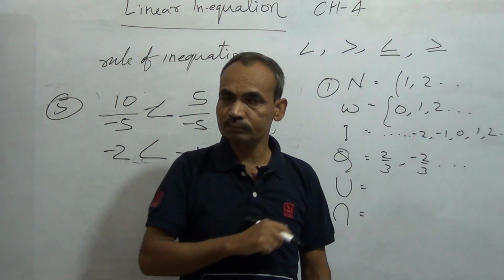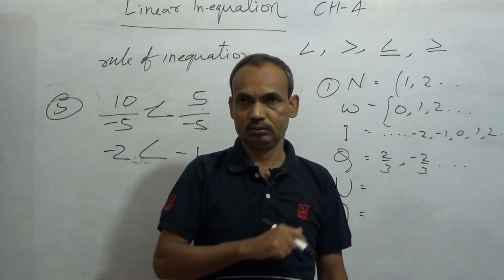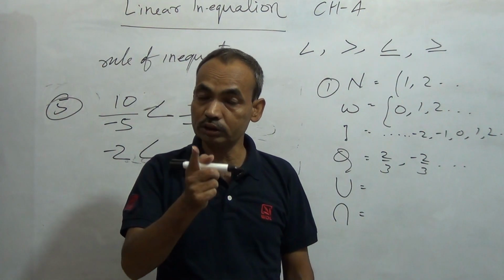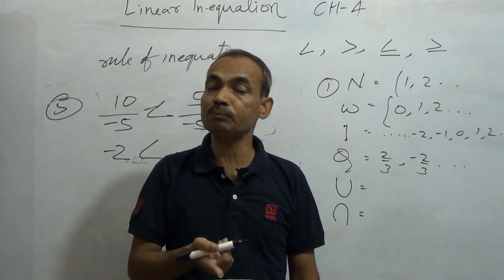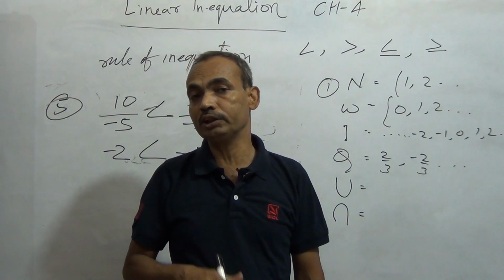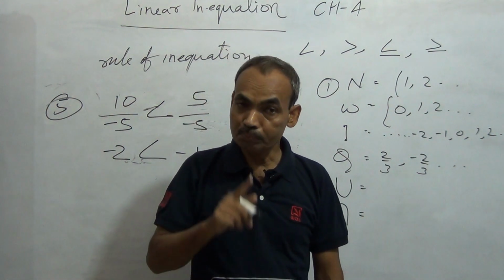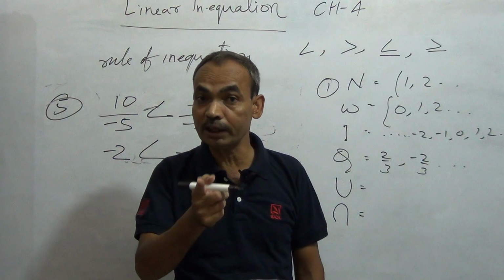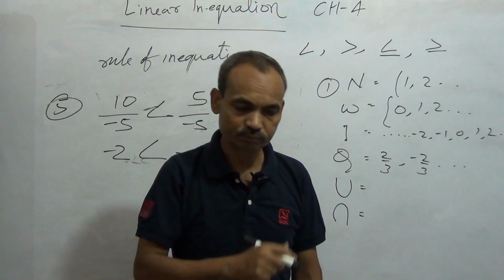First, adding or subtracting any number, the sign of inequality does not change. Multiplying or dividing by any positive number, the sign of inequality does not change. While multiplying or dividing by a negative number, the sign of inequality changes.